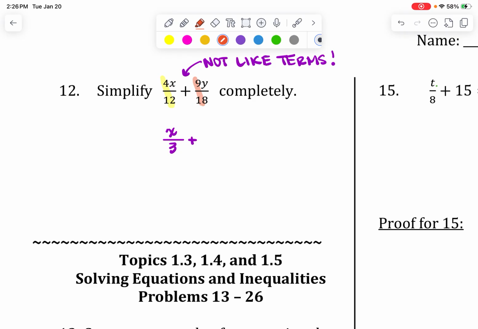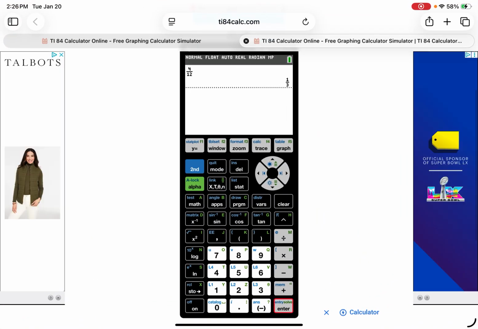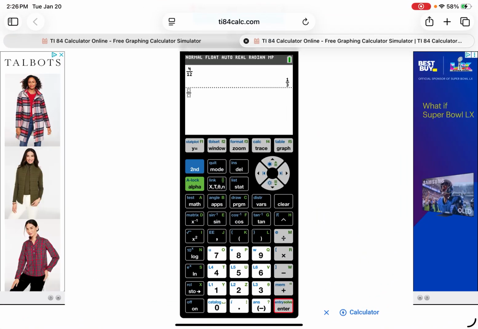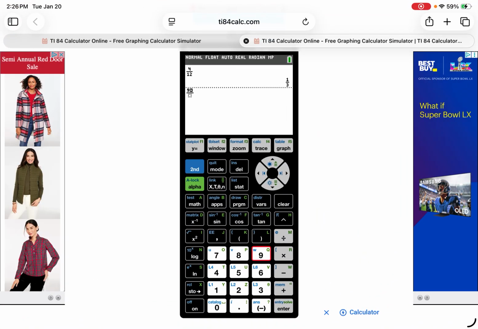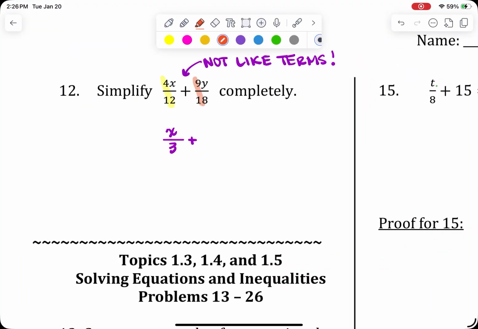and then I need to reduce the 9/18, right? And again, if you need help with that, you can just type that in your calculator. Let me just show it to you one more time. So now if I do alpha y equals enter, I get my fraction mode, and then 9/18. And then if I hit enter, it tells me that that reduces to 1/2, which is awesome because then I can go back here and I'm going to get 1y, or just y, over 2.